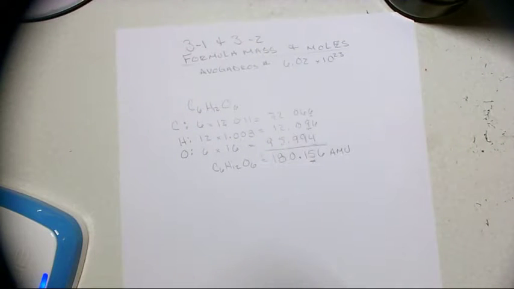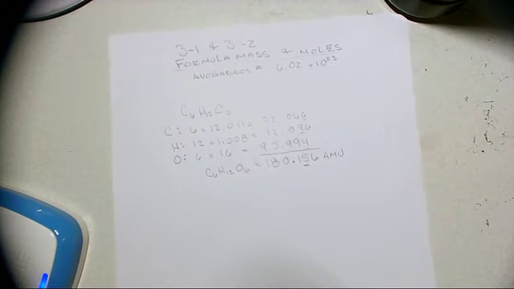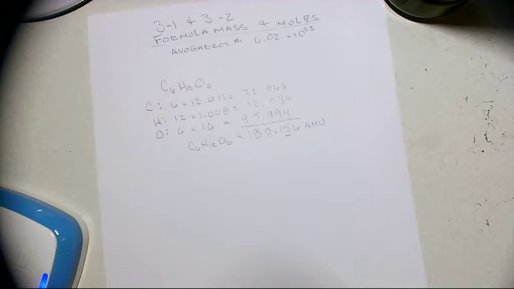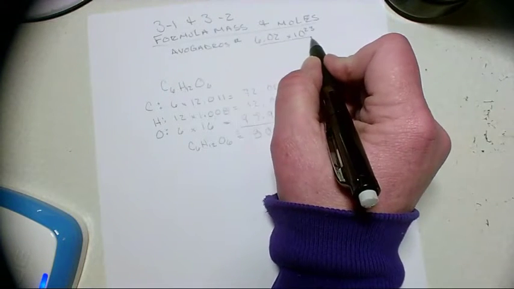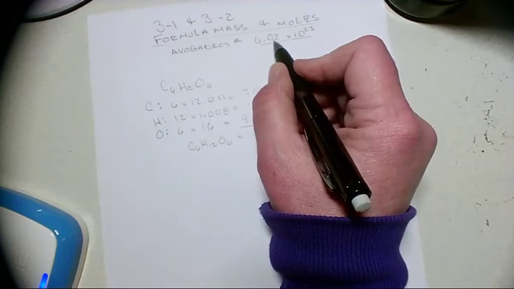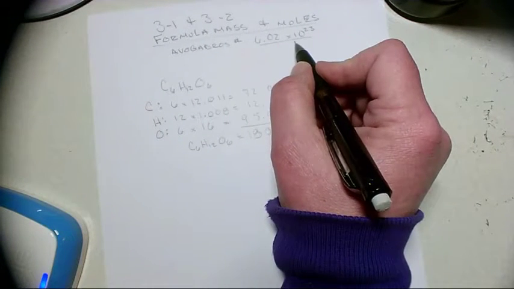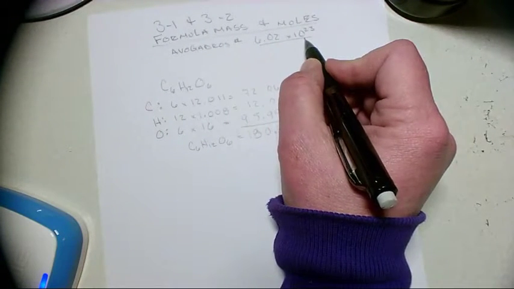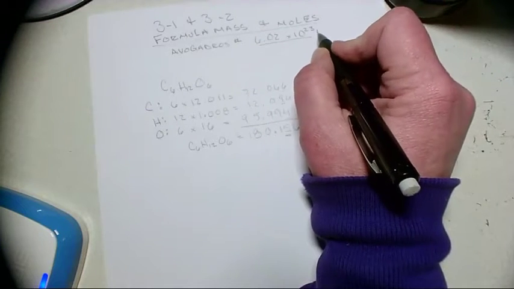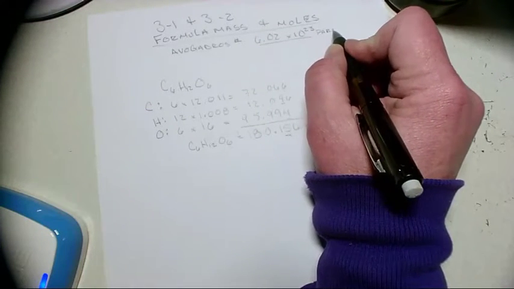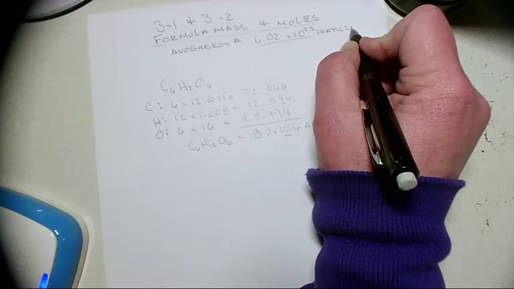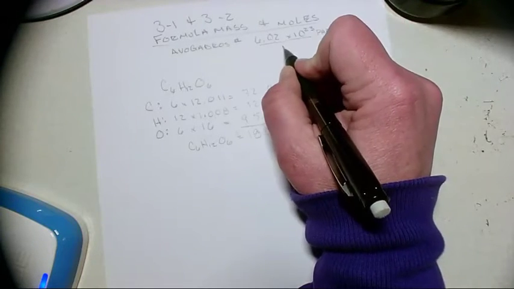So there's a couple options that you can do there. You can say, well, I would like to know what that is in grams, and we could certainly do that conversion. Or we can now introduce this concept of Avogadro's number. That's what this guy is up here. What this means is that I have 6.02 times 10 to the 23 particles per mole of a substance.